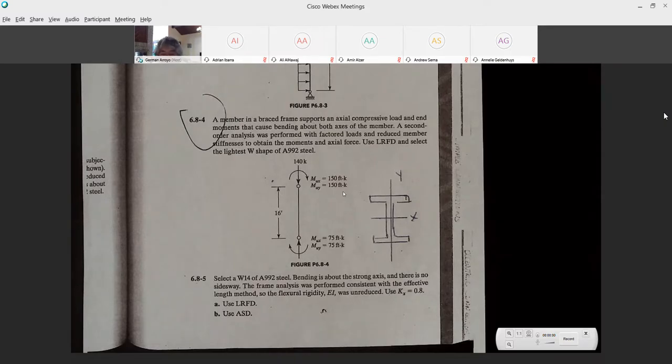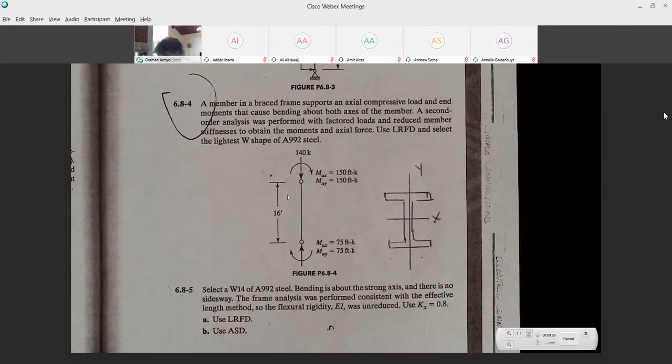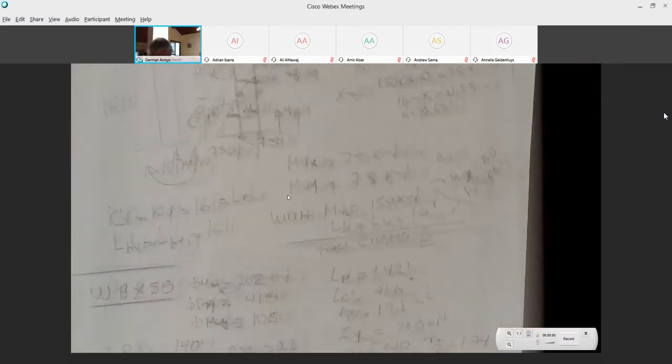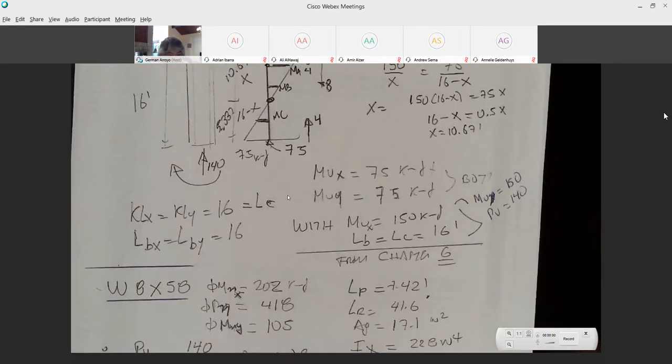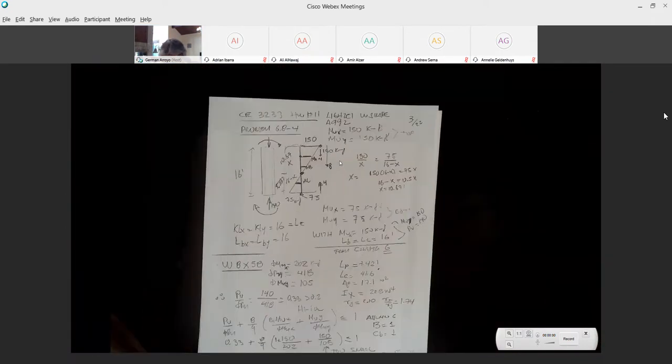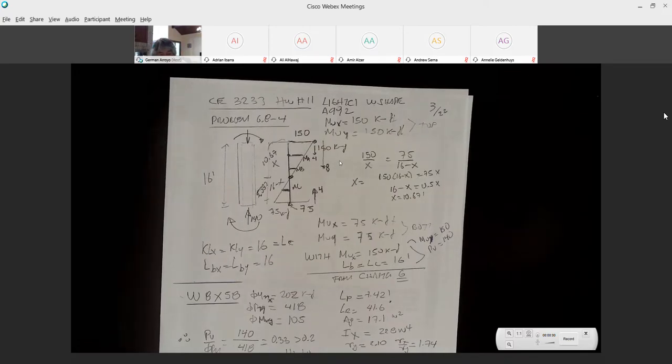So we need a reference point. So we are blind right now. The only thing that we had is the 16 and this back. So to start this problem, I plotted the moment diagram about the strong axis.